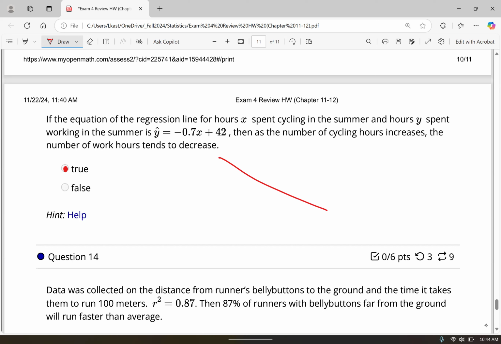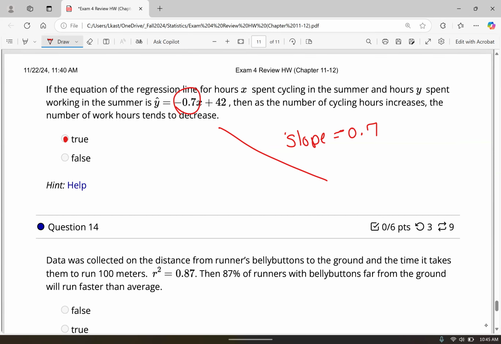And how do I know the slope is negative? Because that number right there is the slope. The slope is the number you're multiplying times the x. So as your cycling goes up, x goes up, you multiply that by a negative, and the overall value for y goes down. So as the number of hours you cycle goes up, well, you've got less hours to work anyways.